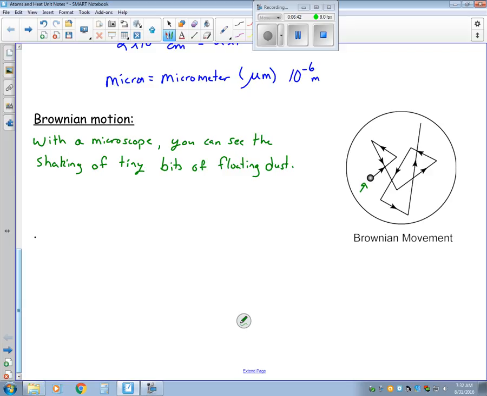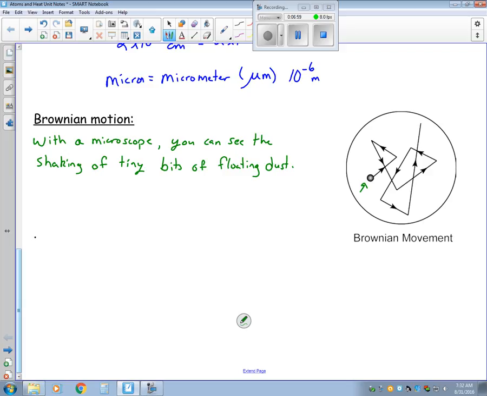And what this did was it proved that there are, in fact, molecules and atoms, and that they are in a constant state of motion, because the piece of dust is so light that when a molecule hits it, it's able to move that piece of dust.